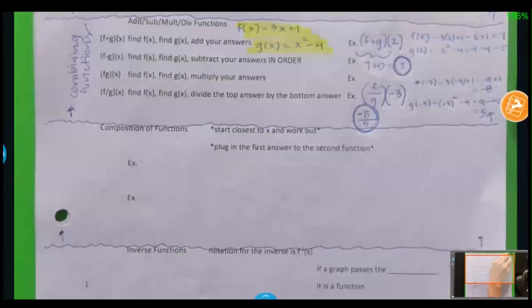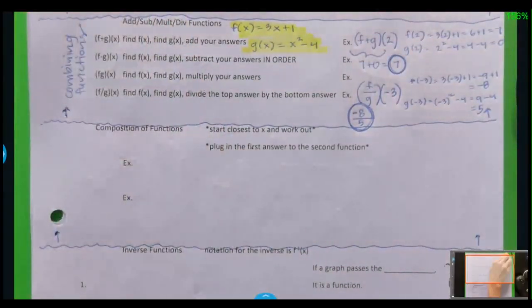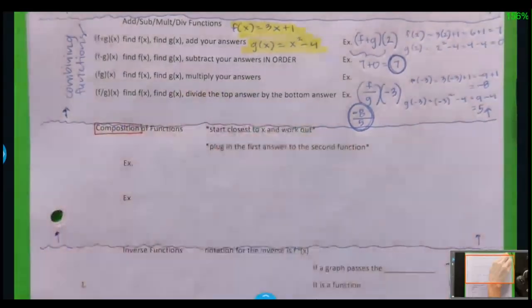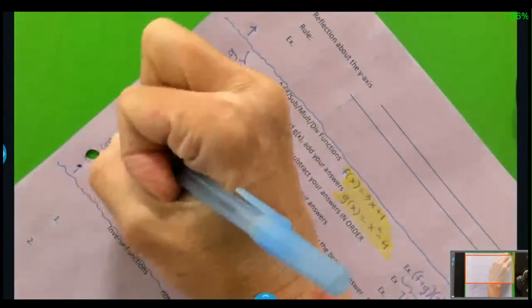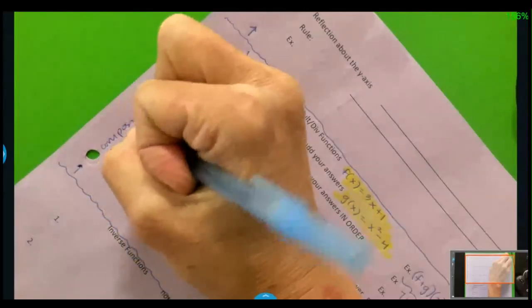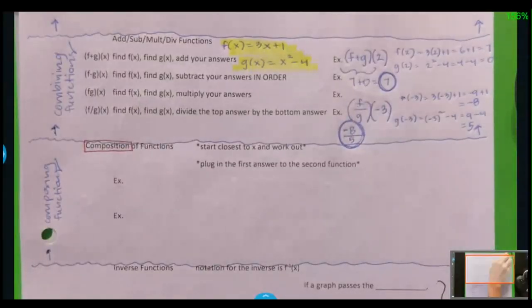The reason that this gets confusing is because the very next topic you see on your worksheet is called composition of functions, composing functions, and combining functions and composing functions is not the same. So this section is going to be called composing functions. All right, these two are not the same. You'll see that in just a second.